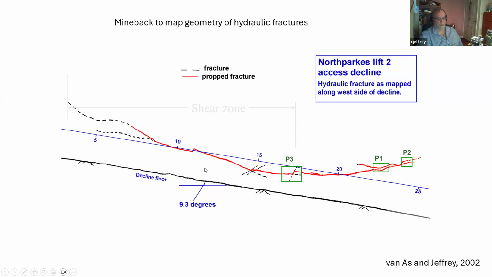So before the decline was driven, which is a tunnel approximately 5 meters by 5 meters in cross section, we put a couple hydraulic fractures ahead of the decline in a borehole. And then when the decline was driven, it exposed those fractures and we mapped what we saw.